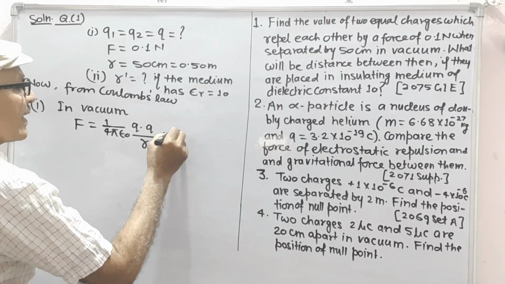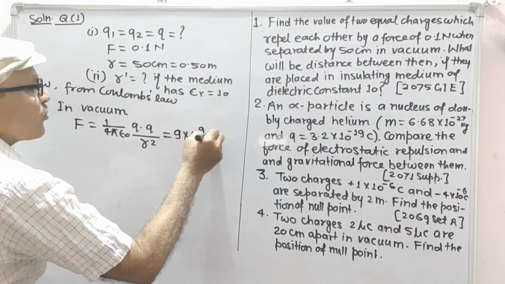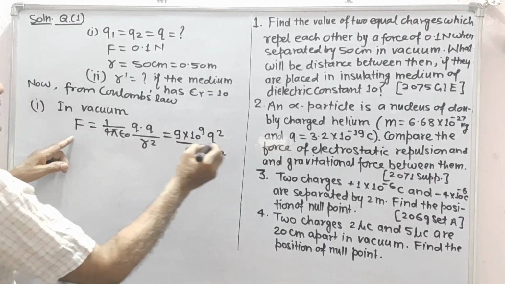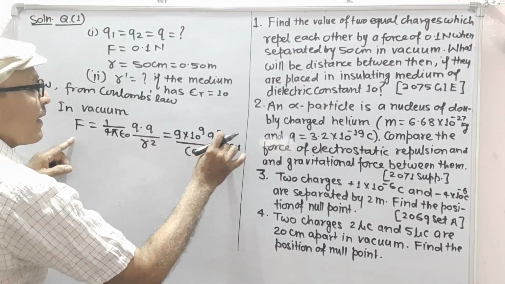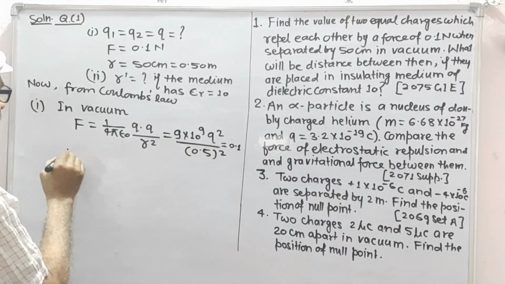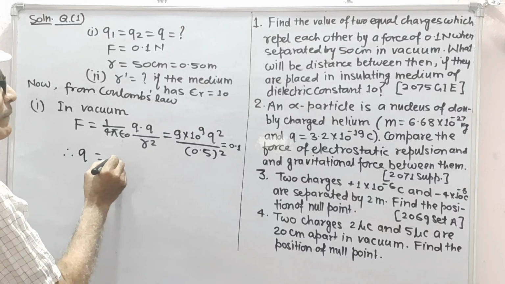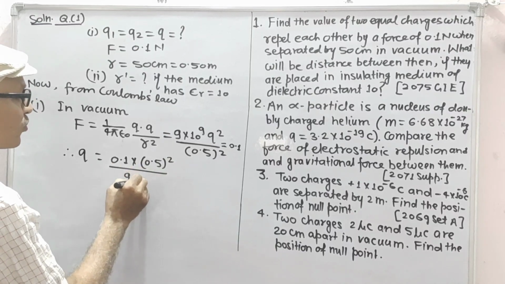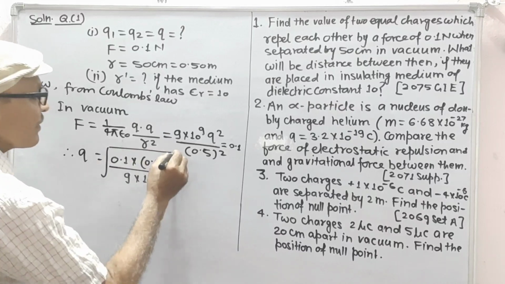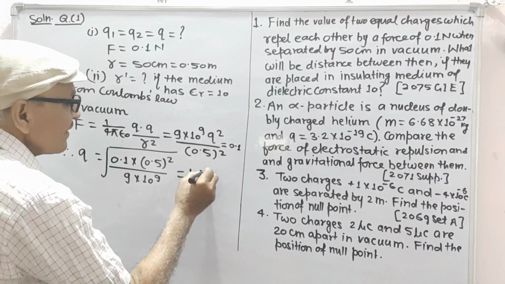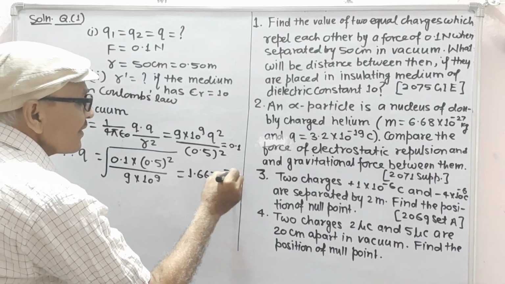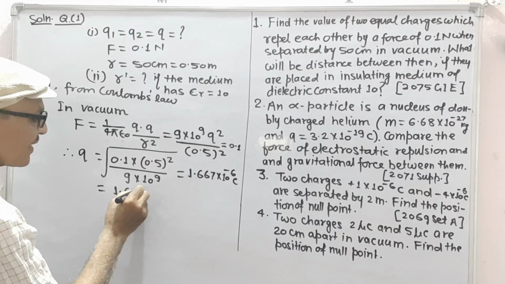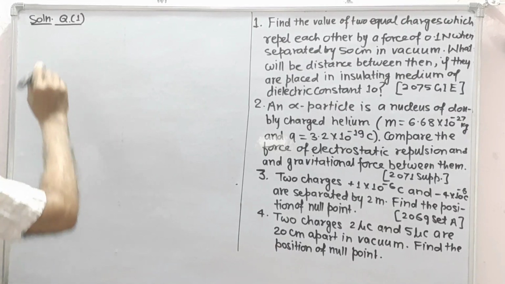So it can be written as 9 into 10 to power 9 into Q square upon 0.5 square, which is equal to F is equal to 0.1, which gives Q is equal to under root 0.1 into 0.5 square divided by 9 into 10 to power 9, which gives 1.667 into 10 to minus 6 coulomb, which may be written as 1.667 micro coulomb.